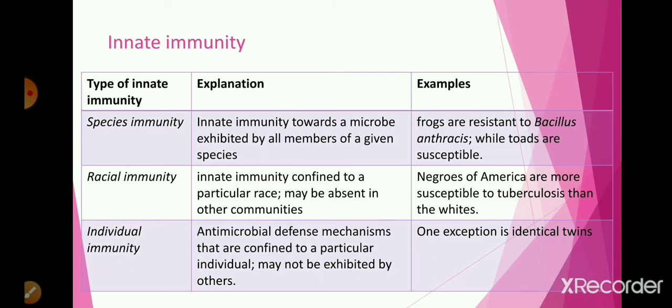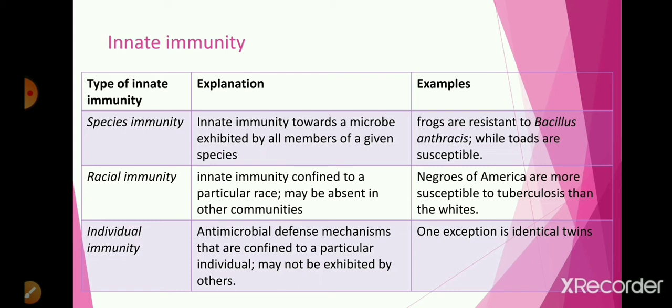We can say that in some human communities, the individuals are susceptible to some diseases where the individuals of other communities are not susceptible or have resistance against that pathogen. For example, Negroes of America are more susceptible to tuberculosis than the American whites.